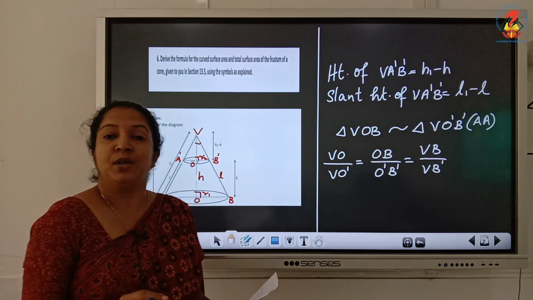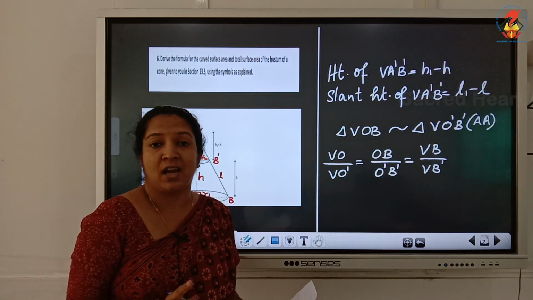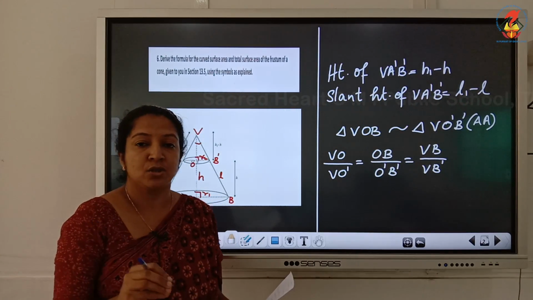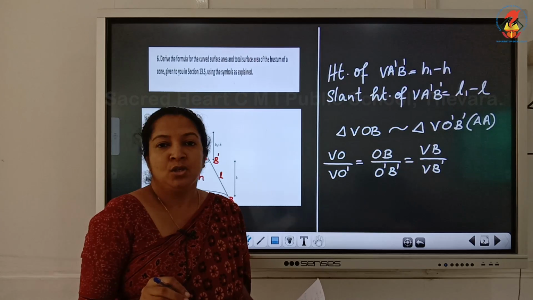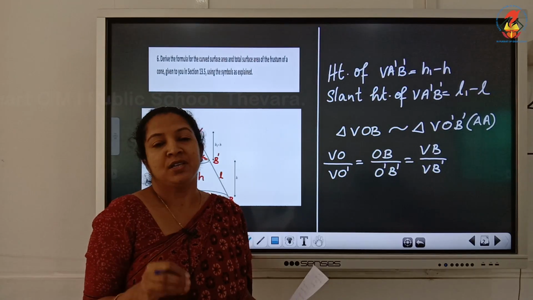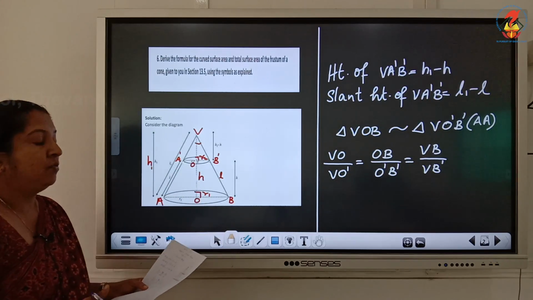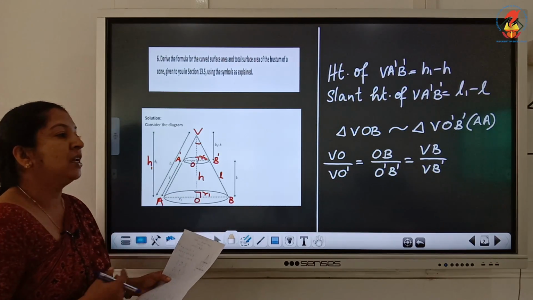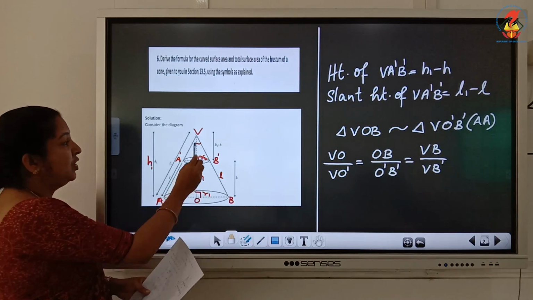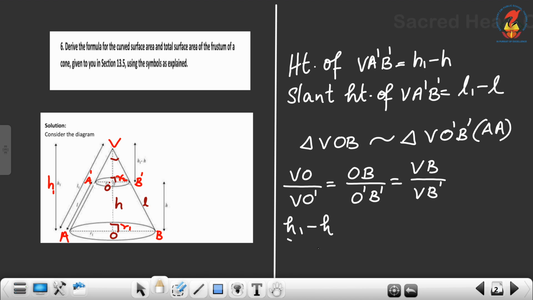What we are going to do here is find L1 and H1 in terms of H and L, because we need only H and L. H is the height of the frustum and L is the slant height of the frustum. So we have to eliminate L1 and H1. So VO by VO' is equal to OB by O'B' is equal to VB by VB'. VO is H1.